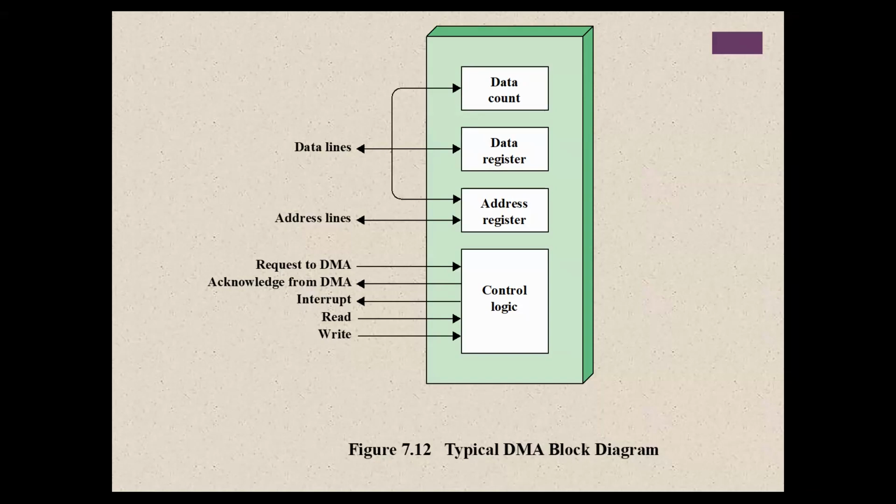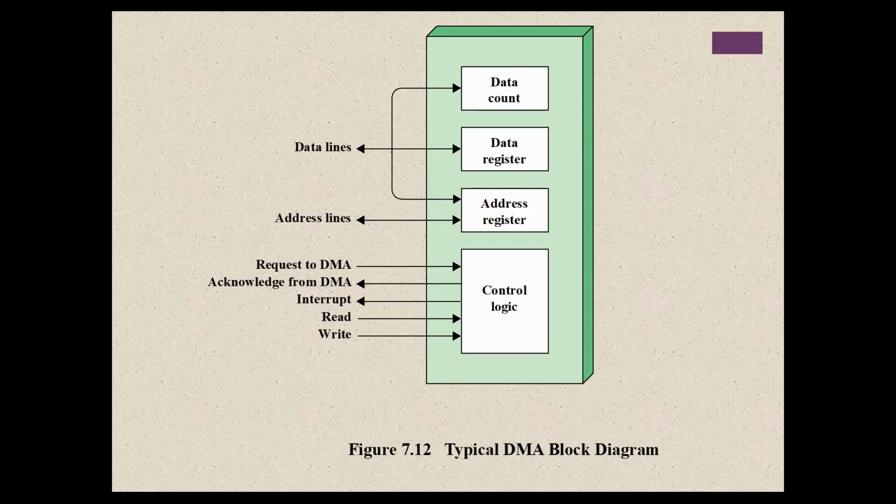When the processor wishes to read or write a block of data, it issues a command to the DMA module by sending to the DMA module the following information. First of all, whether a read or write is requested, using the read or write control line between the processor and the DMA module. Then the address of the I/O module involved is communicated on the data lines.